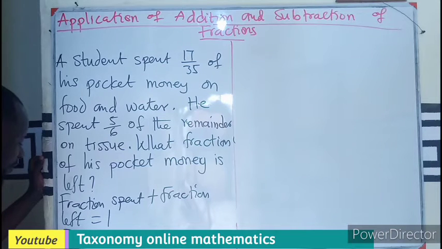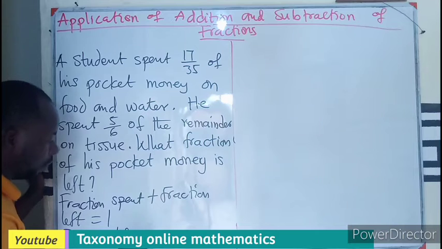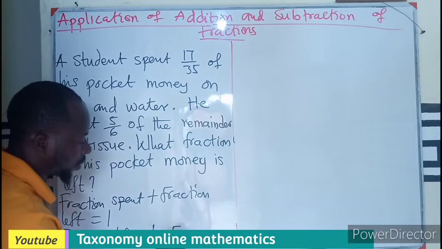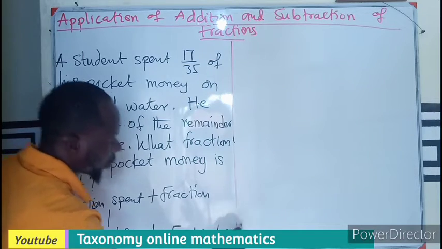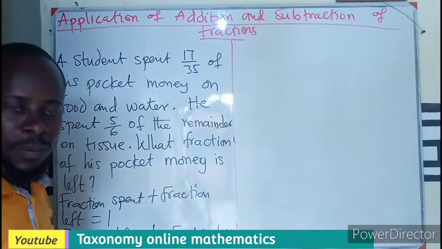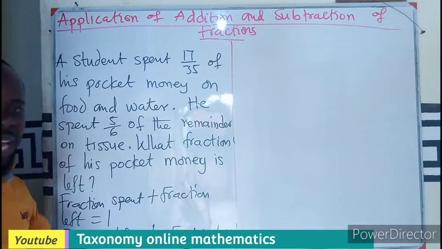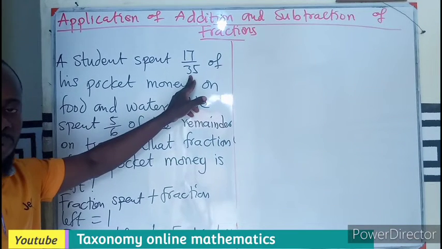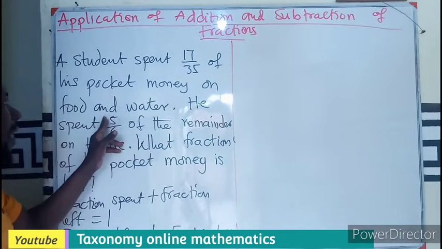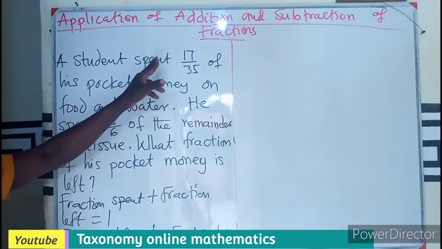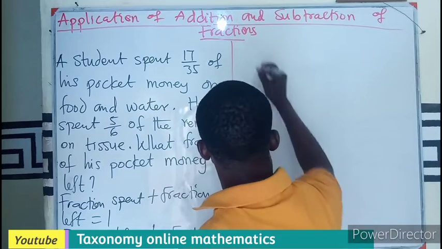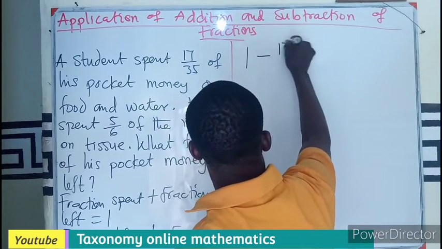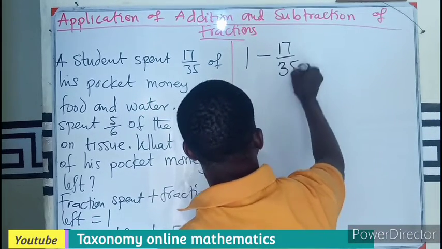So fraction left is going to be 1 minus fraction spent. So what is the fraction spent here? It is on food and water. So we take away this value from our calculation. So here fraction left will be 1 minus 17 over 35.